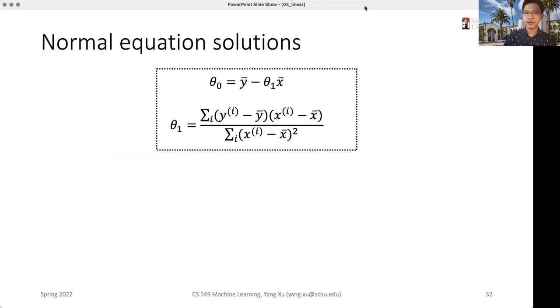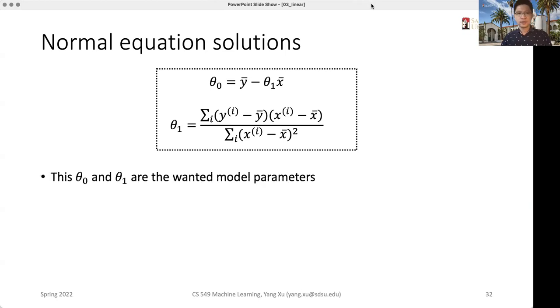So yeah, it looks complex, but actually all those terms have clear statistical meanings, right? The y bar is the mean value of y, x bar is the mean value of x. And for theta 1, the numerator is the covariance between x and y, and the denominator is the variance of x. Okay.